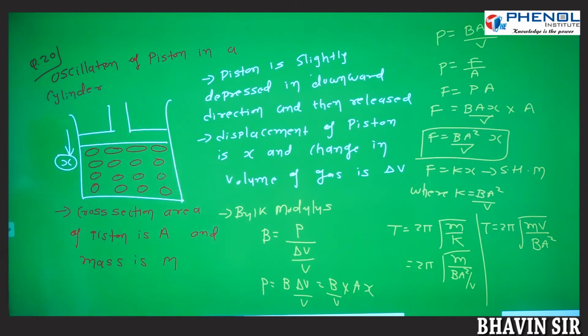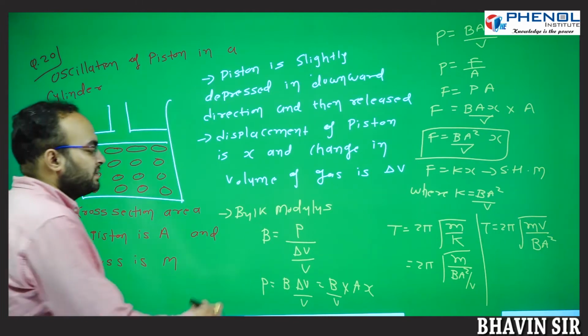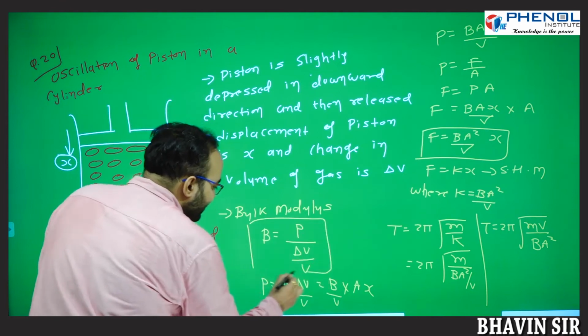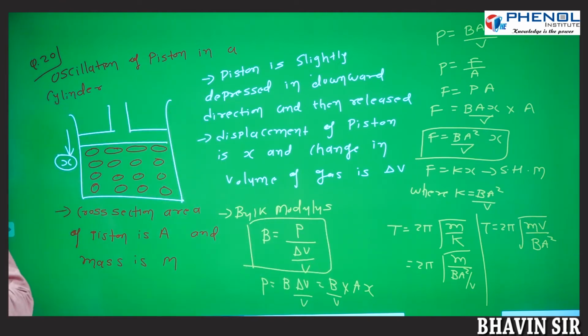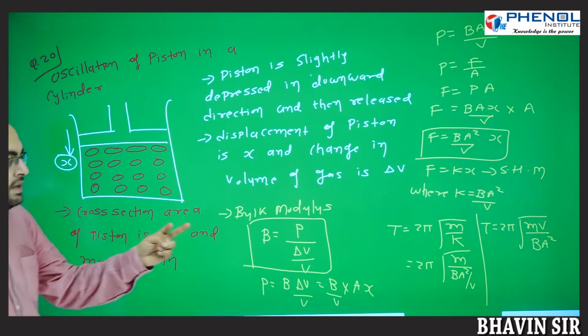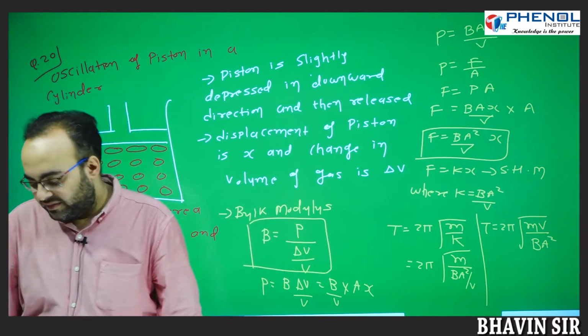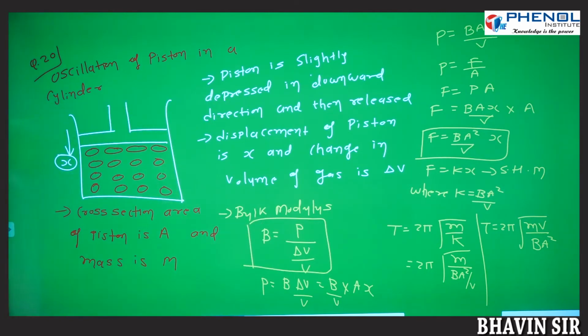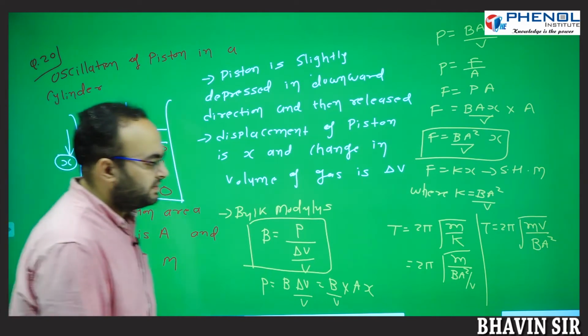Here M is the mass of the cylinder, V is the volume of gas or volume of the cylinder, B is the bulk modulus, and A is the area of the piston. Remember this for some time. B is equal to P upon delta V by V, where pressure is the volume stress and delta V by V is the volume strain.